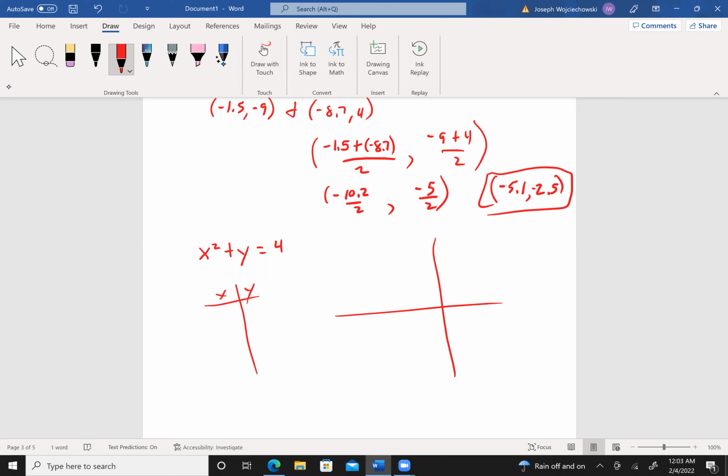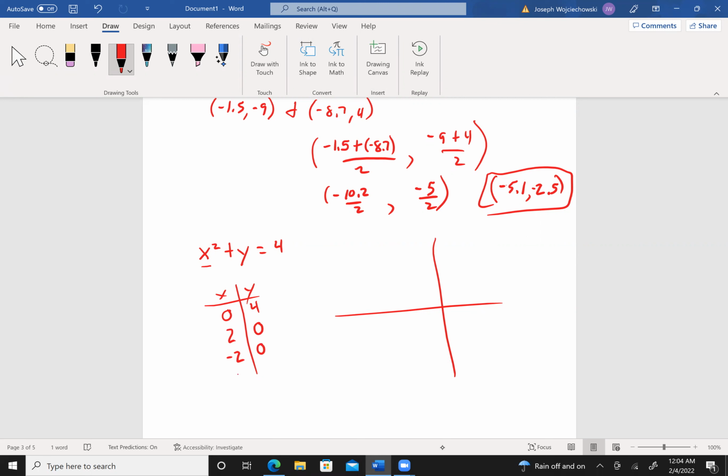And the first thing to do, well, if x is 0, this is 0, so y is 4. If y is 0, x squared is 4. So x could be 2 or negative 2.